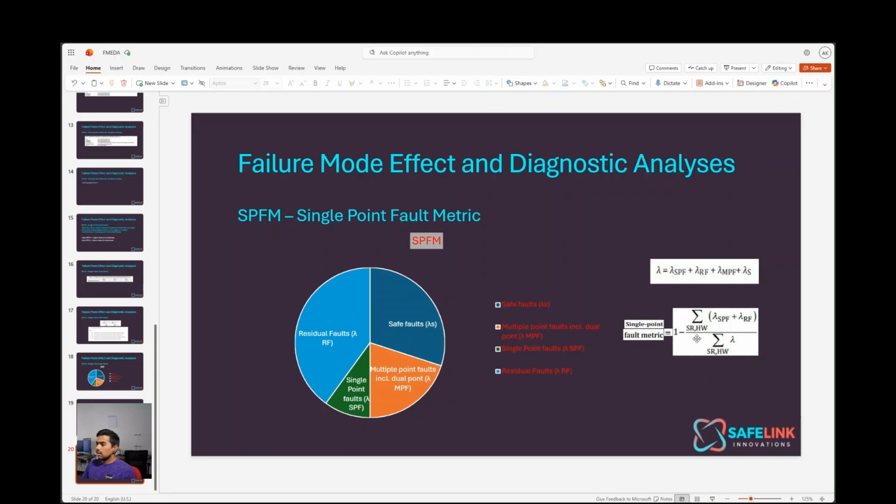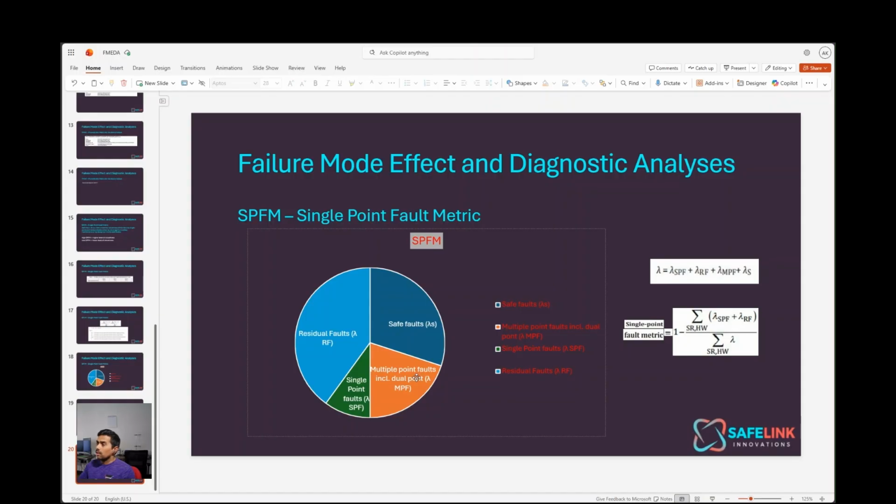What this now means is if I have a failure in my system, 9 out of 10 failures are either safe failures or multiple point failures.